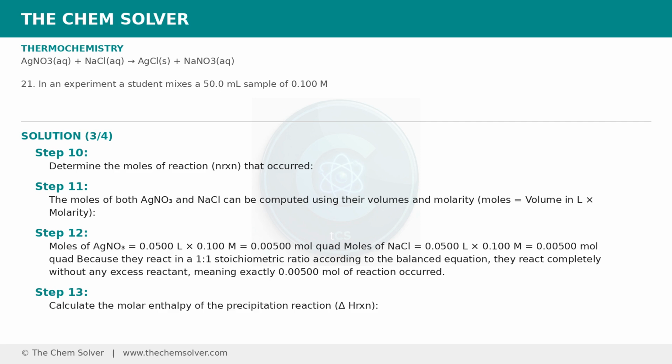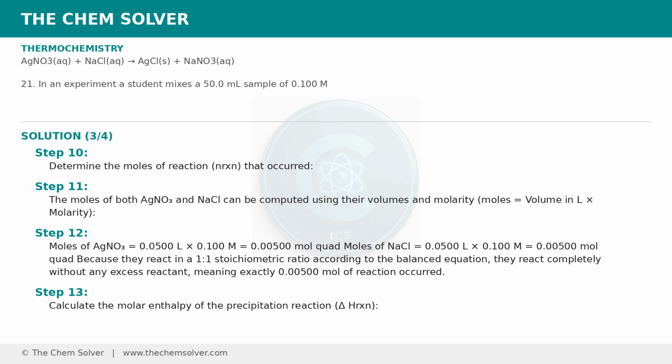Moles of NaCl equals 0.0500 liters times 0.100 molar, equals 0.00500 moles, because they react in a 1-to-1 stoichiometric ratio according to the balanced equation. They react completely without any excess reactant, meaning exactly 0.00500 moles of reaction occurred.